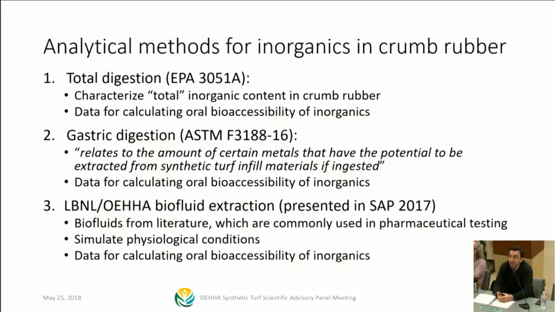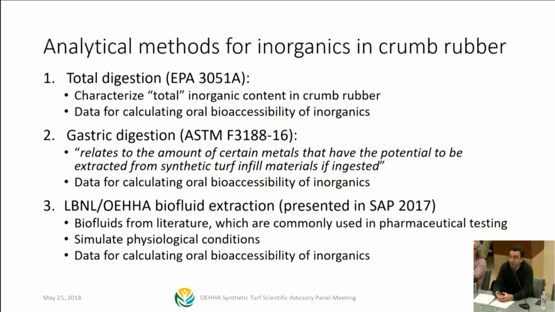The second method is ASTM F3188. This is a specific method designed for synthetic turf, for the situation in which it is ingested, so it tries to simulate the gastric condition. And again, this data is appropriate for oral bioaccessibility calculations.